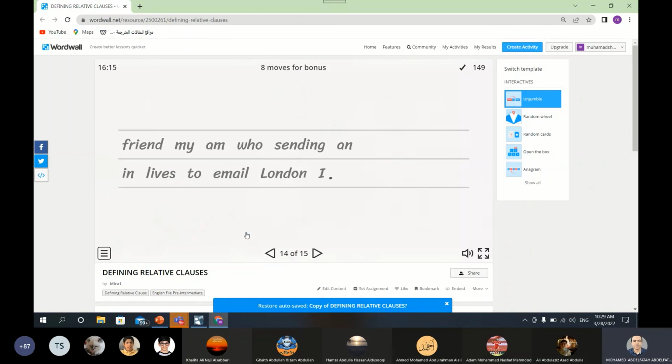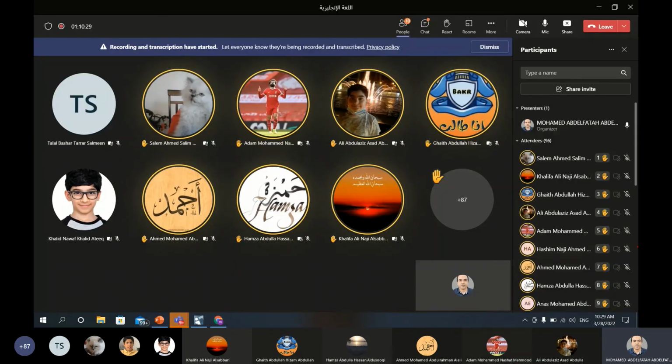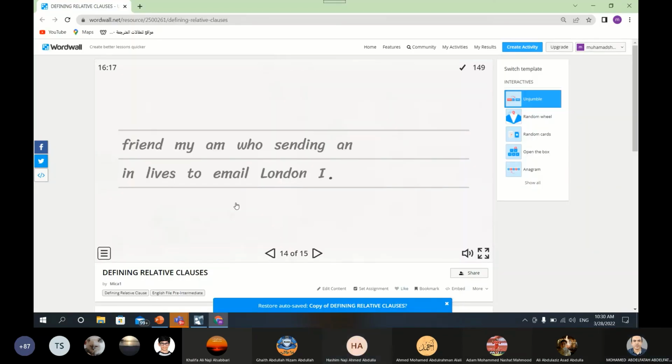So let's go to the next one. This is number 14. Number 14 will go to Hashim Naji. Hashim, again, you have to order these words to make a complete sentence with a complete idea. Here we use the relative pronoun who.